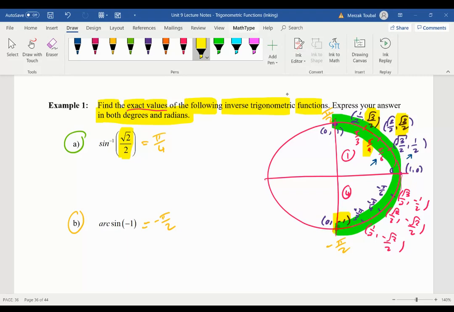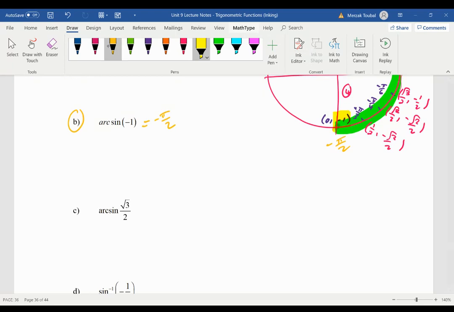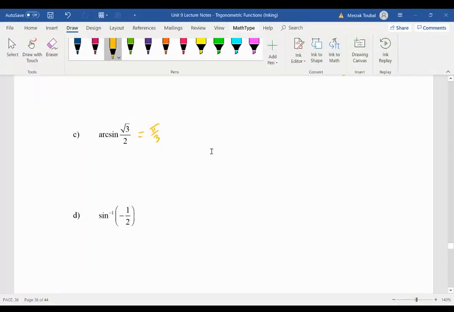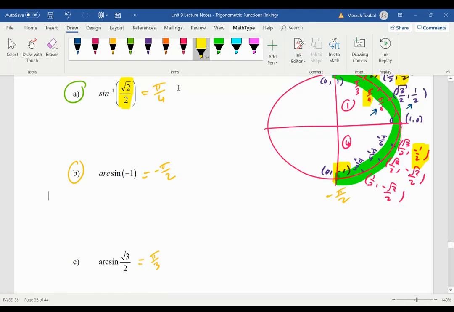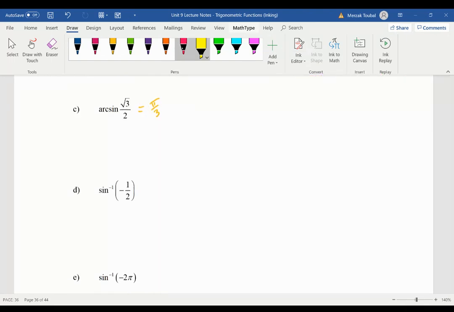Sine inverse of root 3 over 2 is pi over 3. And then sine inverse of negative 1 half. Well, let's look at the circle. Which one is negative 1 half? Here's negative 1 half. So sine inverse of negative 1 half is negative pi over 6.